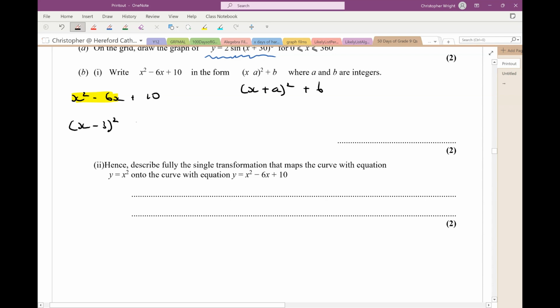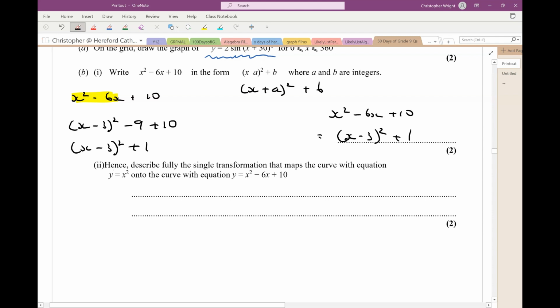Now that's going to give me an additional 9, so I'll subtract away the 9 and now copy down the plus 10. So that gives me (x minus 3) squared plus 1. So my answer is that x squared minus 6x plus 10 equals (x minus 3) squared plus 1.